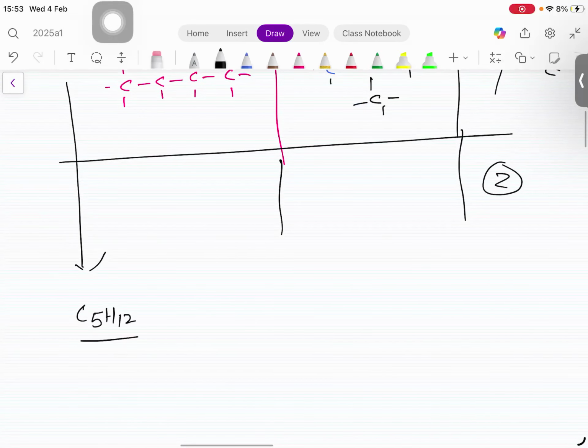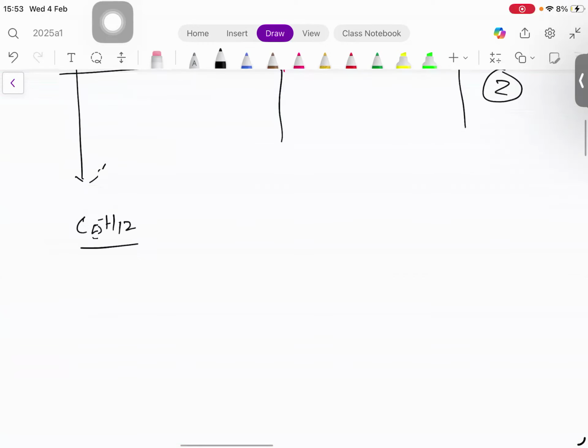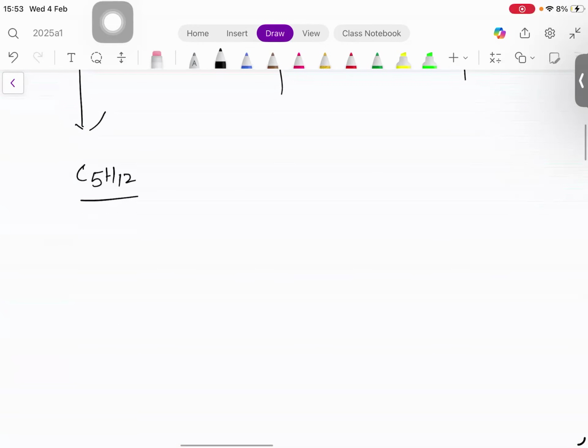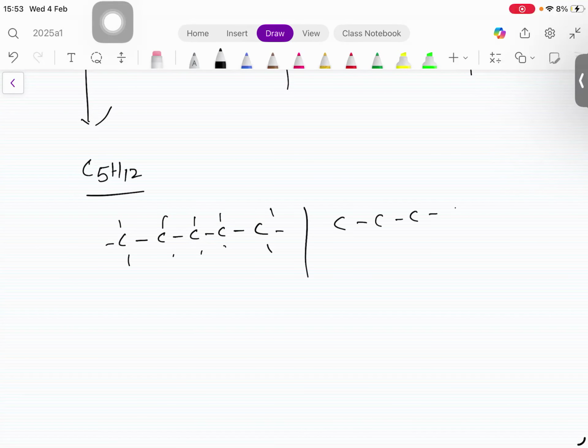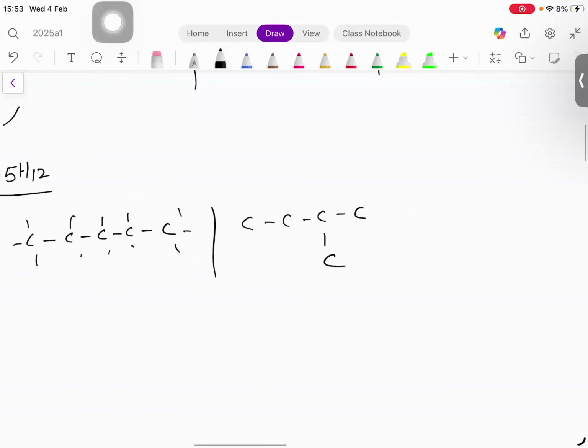If I ask you to draw all chain and position isomers for C5H12, what is the first way? Putting all 5 carbons in one chain, 1, 2, 3, 4, 5. And then putting 4 carbons in the chain and 1 in the branch, and then 3 in the chain and 2 as a branch, with both branches on the central carbon.